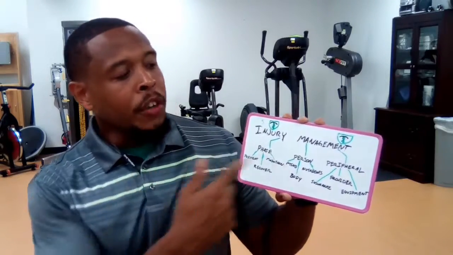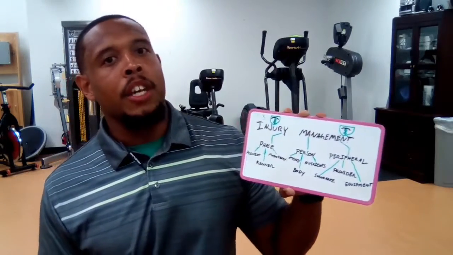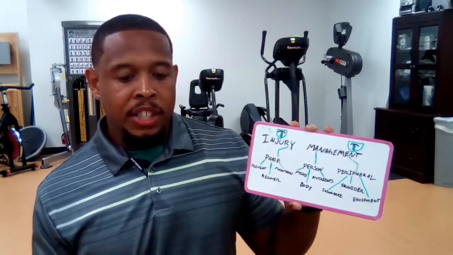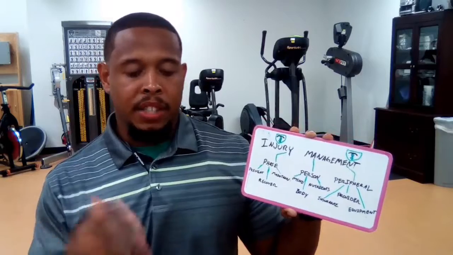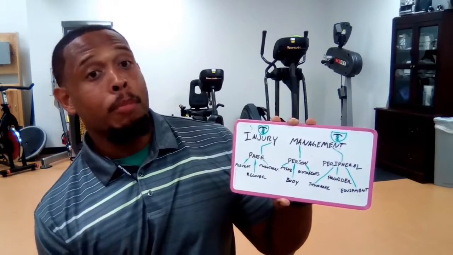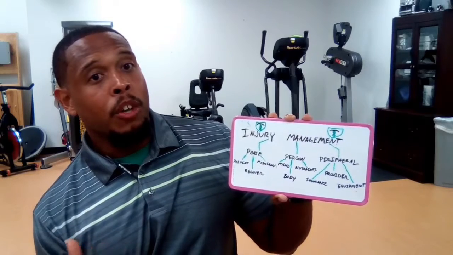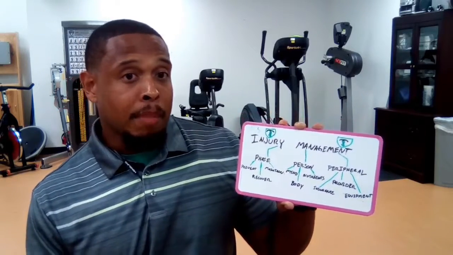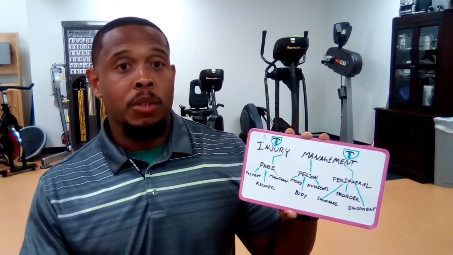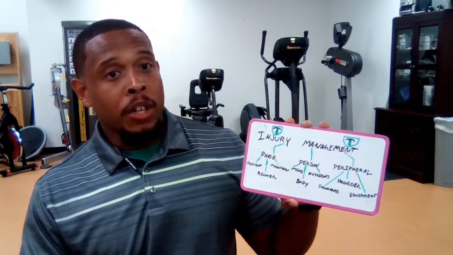Now, all these 3 Ps are essentially separate entities, however, they all feed into each other. They all affect each other throughout the entire system, okay? So we need to keep that in mind. But to be more specific, we want to look at the person as the main thing being affected. We are people who work with individuals, and that's what we need to make sure we're focusing on.